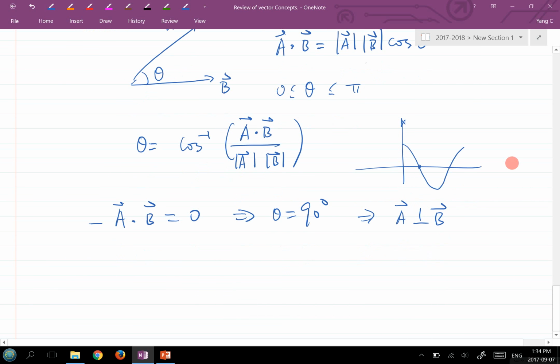I sometimes also call them orthogonal. Usually perpendicular is a concept in 2D, and when you say orthogonal, it's a concept more or less for 3D and beyond. So you could have n-dimensional, say 5-dimensional, vectors dotted with each other equal to 0.